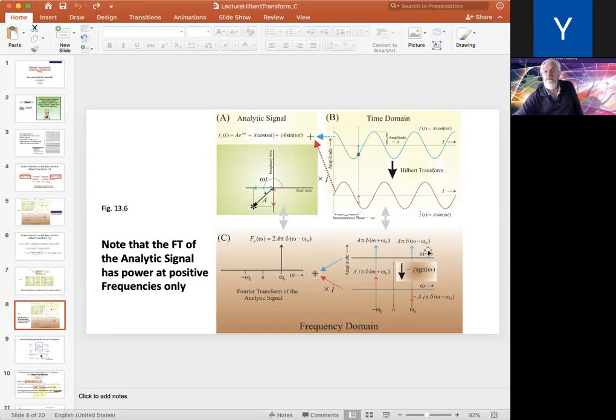I already determined that this was the Fourier transform of the cosine. This is the Fourier transform of the sine wave. And what we now have to do is multiply this with minus j. And if we do that, we get a magnitude multiplied with minus j.